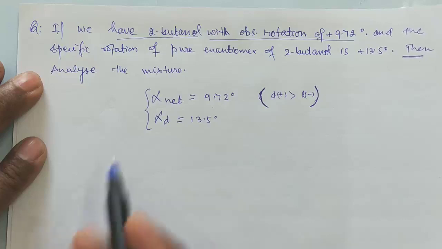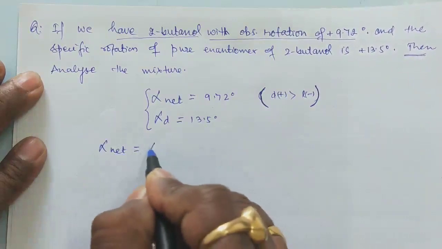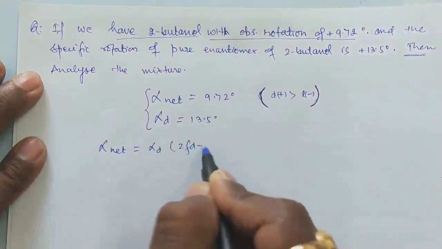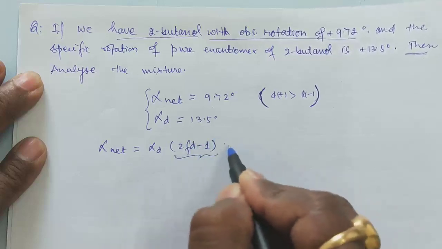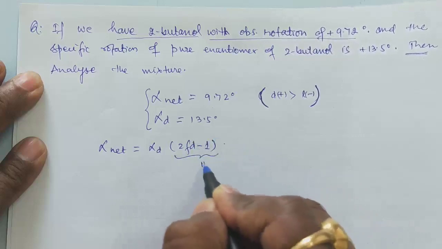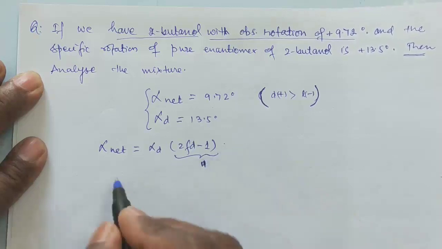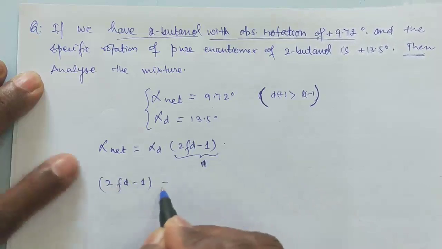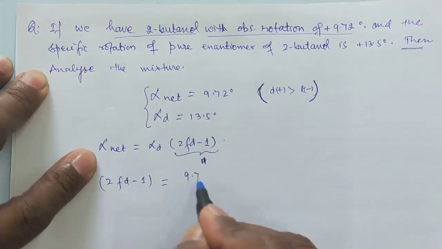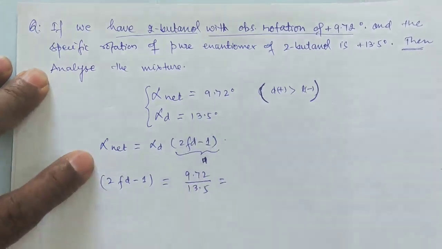No problem. You have the formula alpha net is equal to alpha D times 2FD minus 1. And you know 2FD minus 1 you can replace with optical purity or enantiomeric excess. So 2FD minus 1 is equal to alpha net by alpha D, which is 9.72 divided by 13.5.